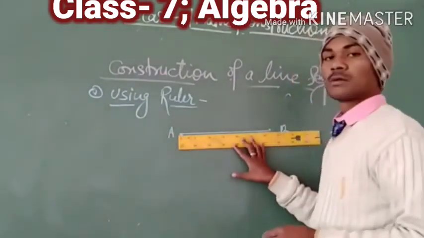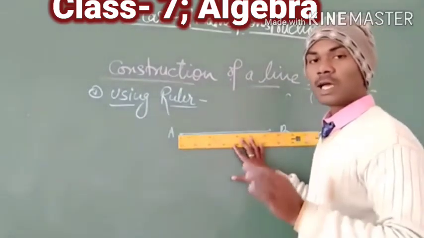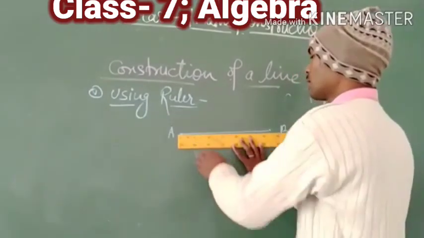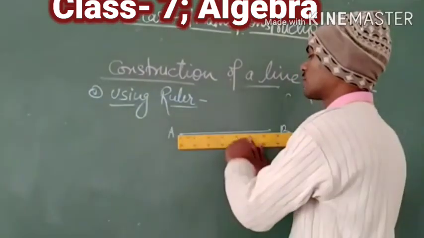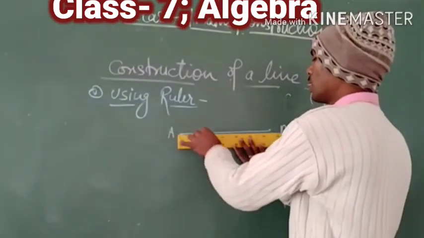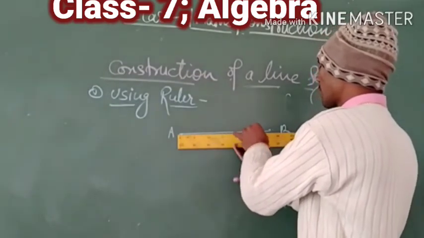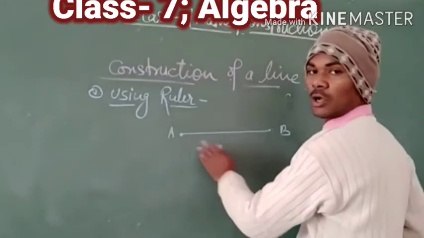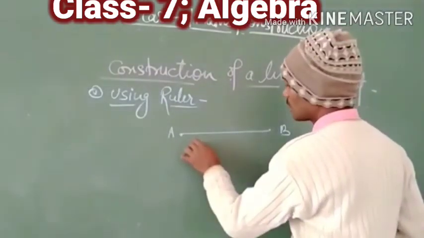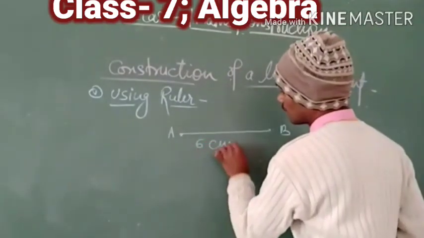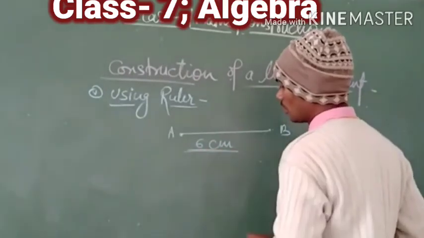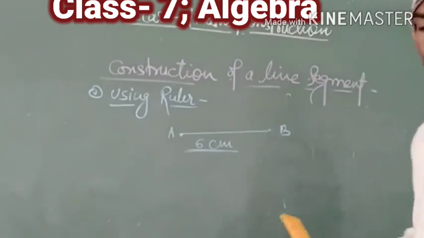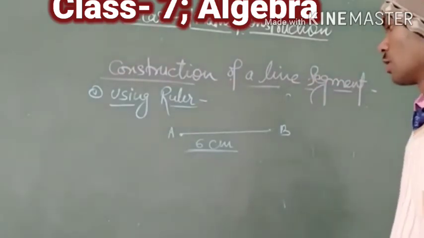Okay, and if the question asks to find the length of the line segment, then we count it: 1, 2, 3, 4, 5, 6, and hence we can say that the length of this line segment is 6 centimeter. Okay, so in this way we can draw a line segment using the ruler.